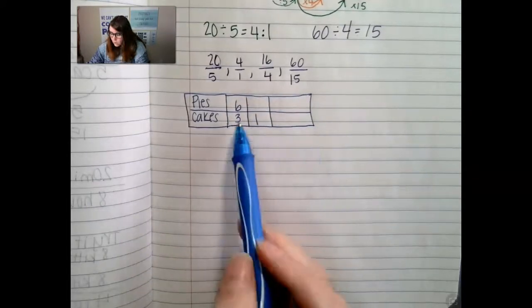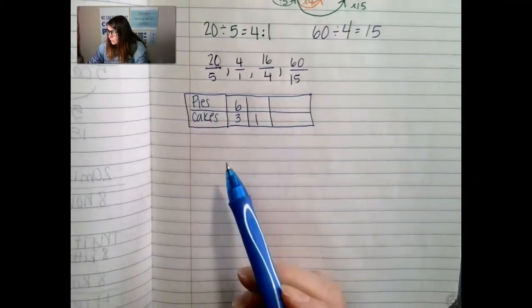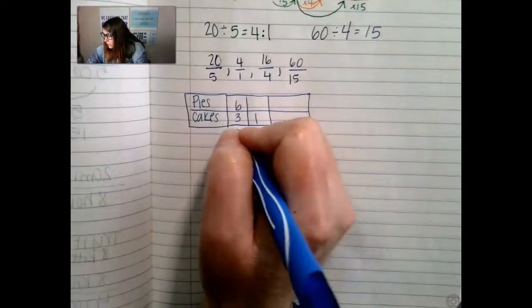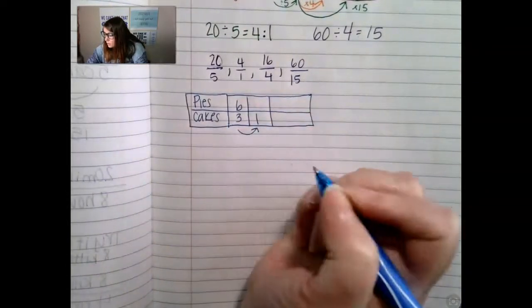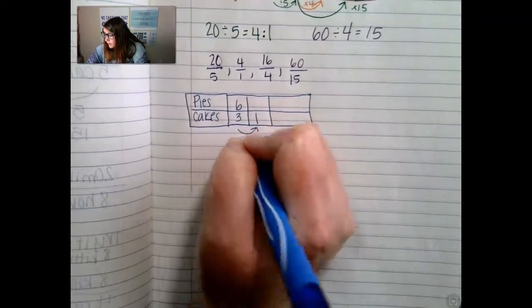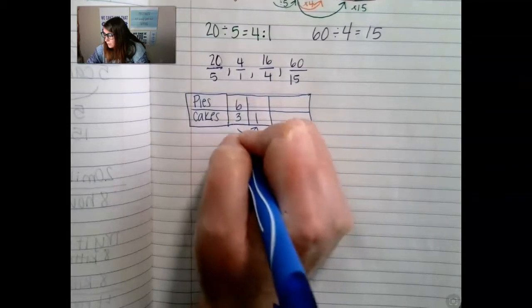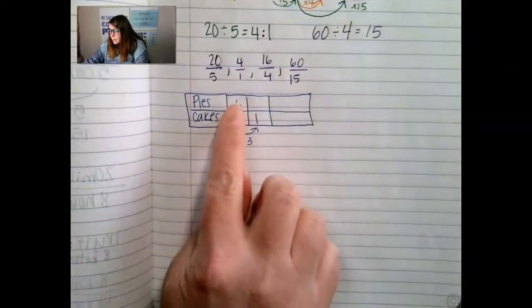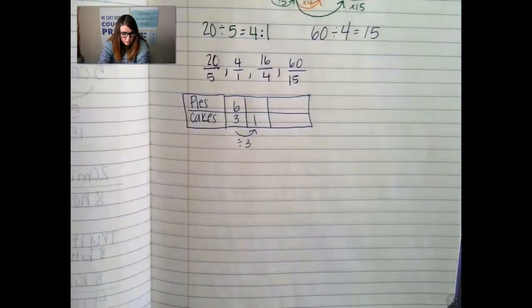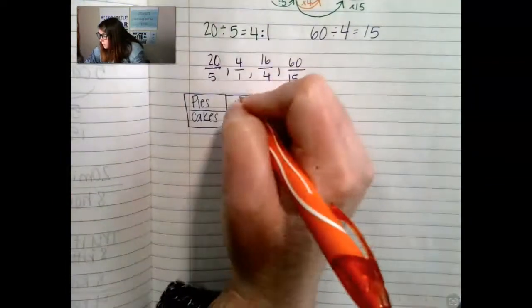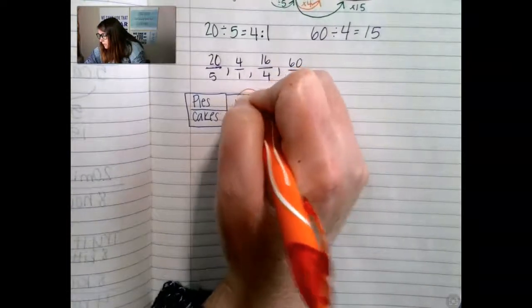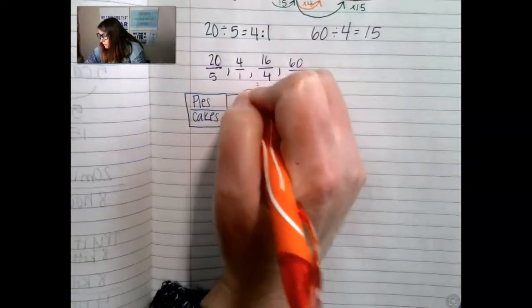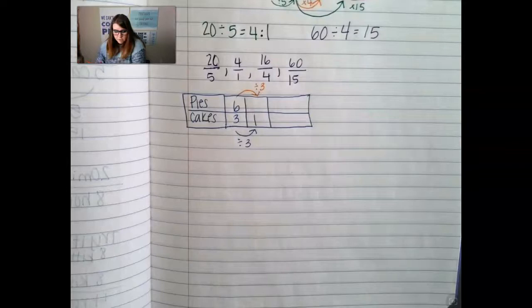To get from 3 to 1, I had to divide by 3. So there's my unit rate. I need to divide by 3. What I do to the bottom, I then need to do to the top. So if I divide by 3 here, I'm going to divide by 3 right there.